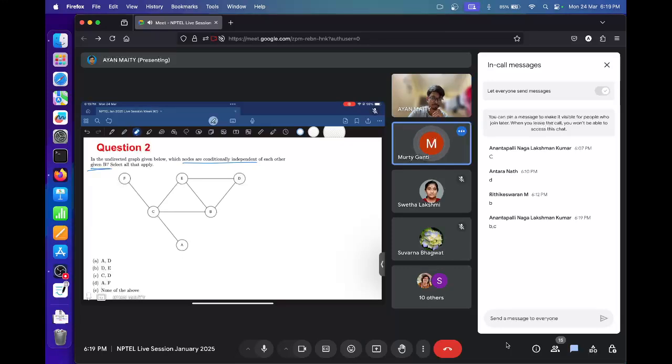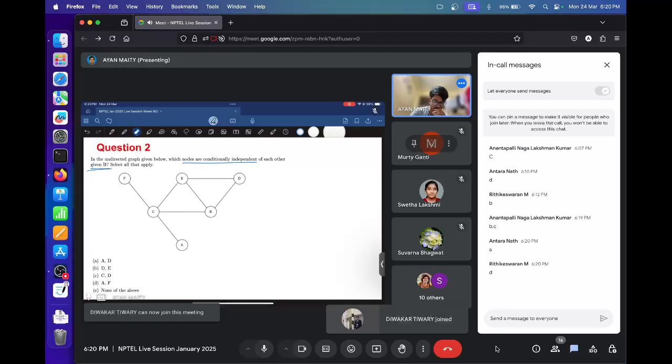I think it's A and F. A and F, option D. Anantapalli Naga Lakshman Kumar says B and C. Option B and option C. Antaranath says option A, which is A and D. Ritikeshwaran says option D.